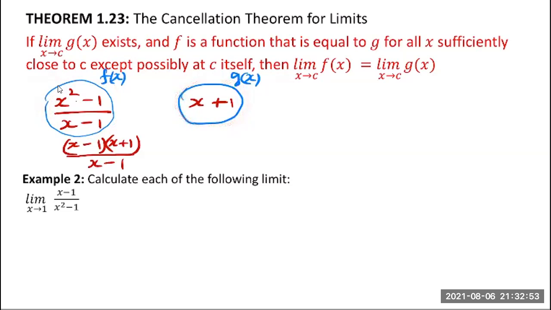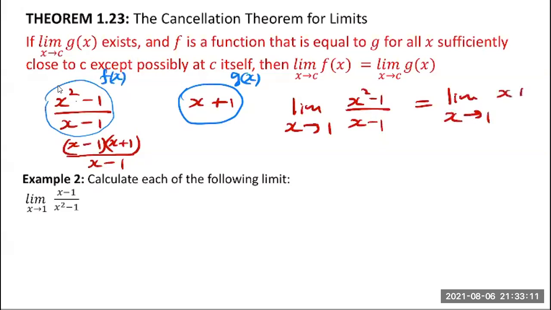So what this theorem simply tells you is that the limit as x approaches 1 of (x squared minus 1) divided by (x minus 1) is the same thing as the limit as x approaches 1 of x plus 1. Or in other words, you can factorize the top and cancel the common factor, and you can take the limit of the remaining function at the end of the day. Of course, if you find this limit, what would you get? You get 2.